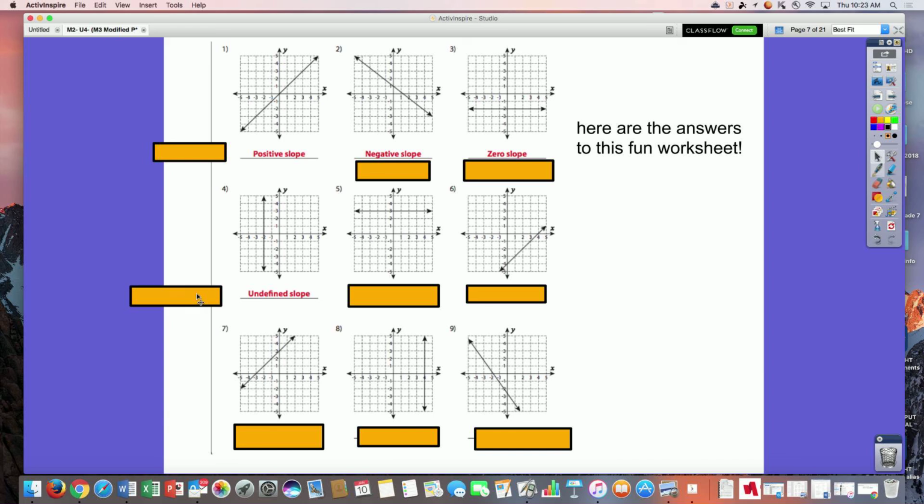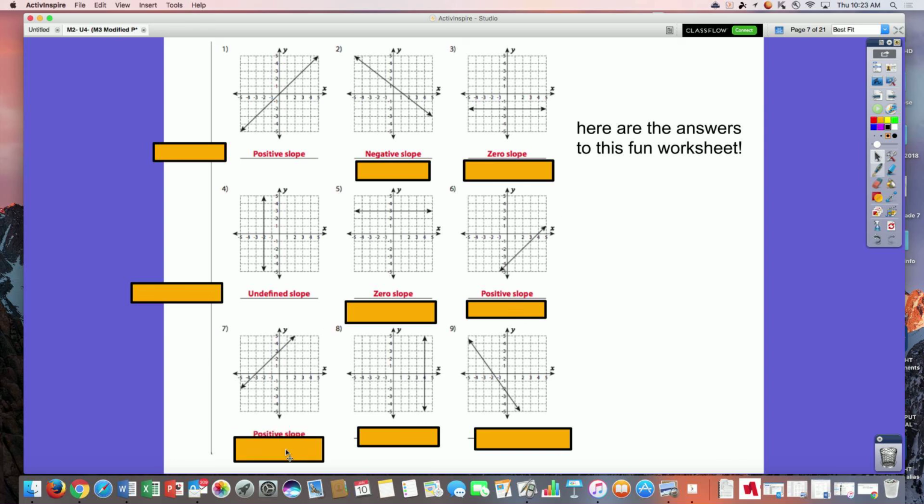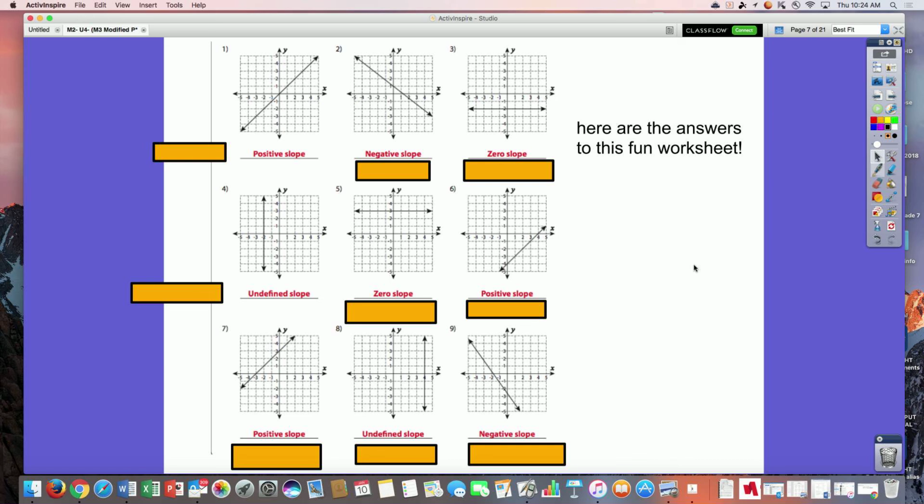This one, undefined. 0. Positive, going uphill. This one, positive, going uphill. This one, you've fallen off a cliff. Undefined. And this one, downhill, is negative. I bet you got 9 out of 9 on that.